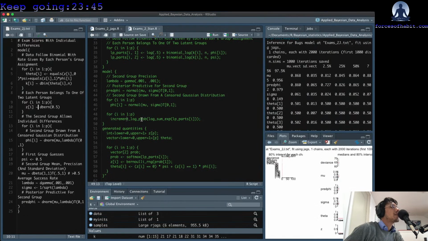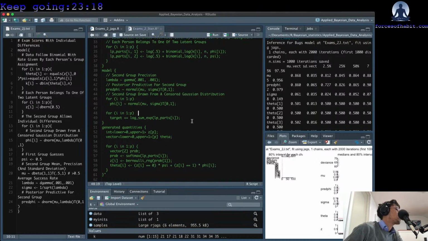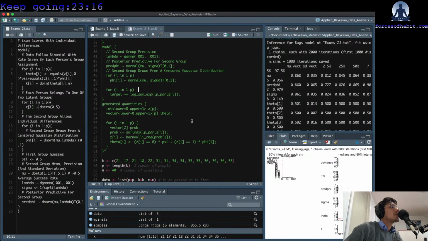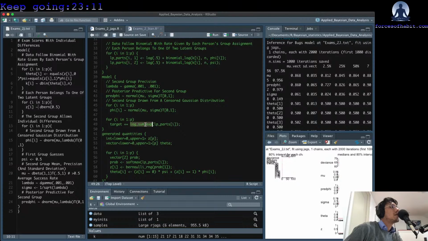So instead of this, it's going to be like target plus equals log sum.